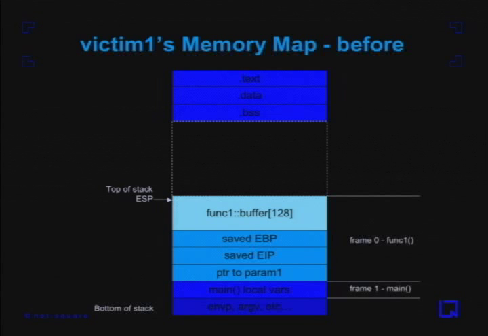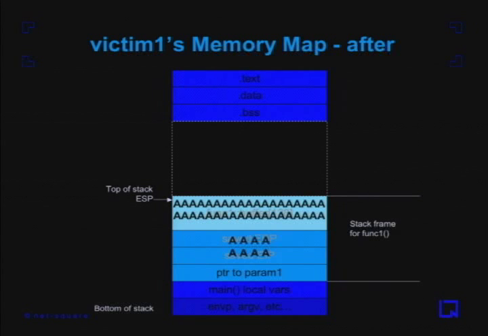So here's what happens if you have a function which is trying to dump a string into a 128-byte buffer. This is how your stack is going to look. Frame 0, the light bluish region, has a local buffer of 128 bytes. Right immediately below the buffer, in the stack space, is a copy of the previous frame's EBP and a copy of the saved EIP. Now, if you try stuffing A's into this buffer, what's going to happen? We're going to overrun the buffer and end up overwriting copies of the saved EBP and EIP.